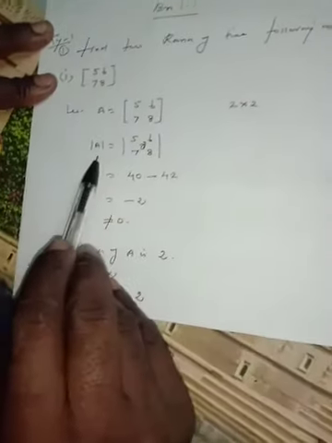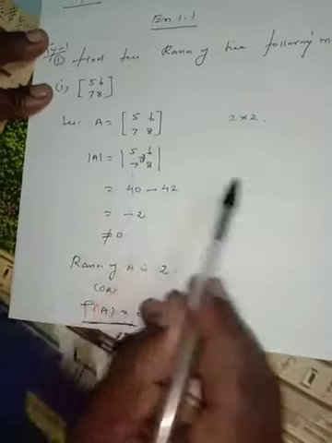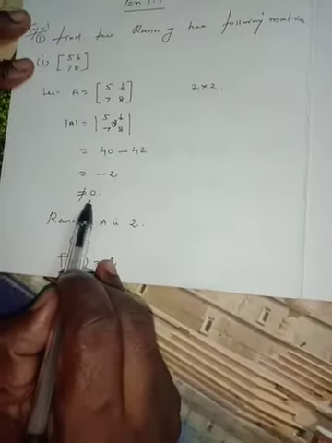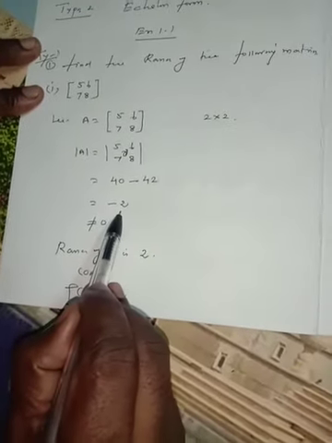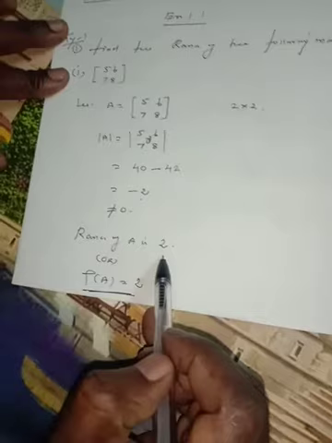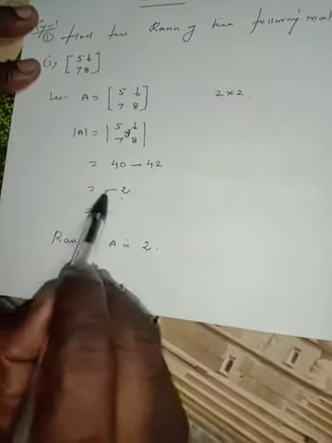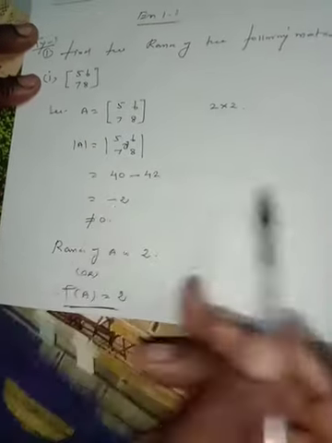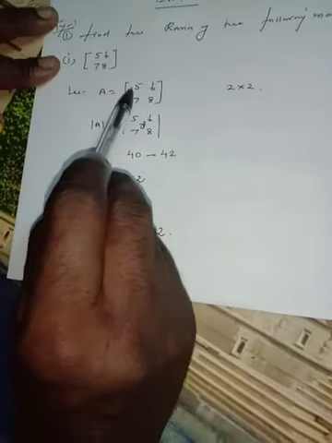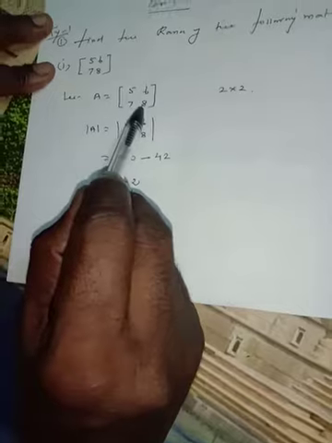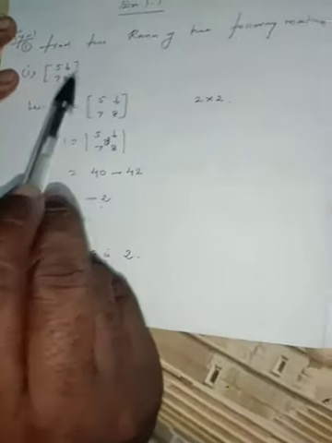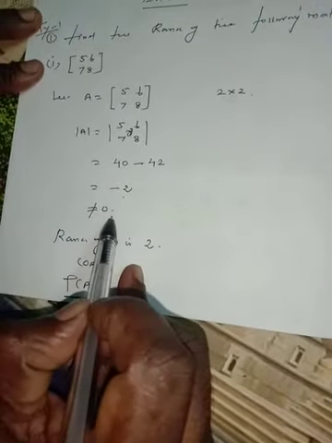For a 2 cross 2 matrix, first find the determinant of A. Suppose the determinant of A is not equal to 0, then rank will be 2. Suppose it is equal to 0, then there exists at least one entry among A11, A12, A21, A22 not equal to 0, then rank will be 1.